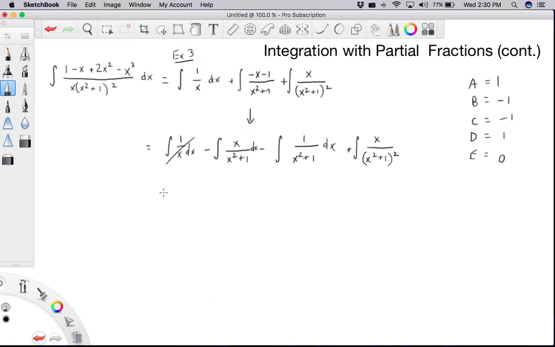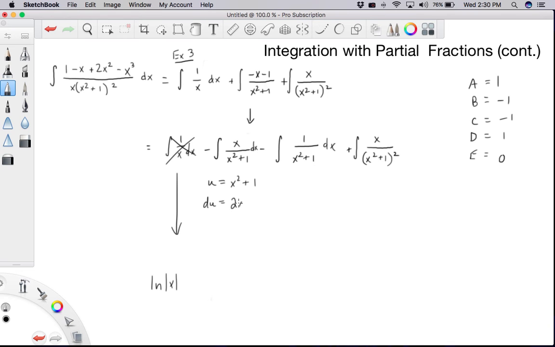Well, this first one's pretty easy. It just becomes ln absolute value x. The second one is a little harder. Maybe I should write this a little bit lower. Some of these will need some work. For the second one, we'll have to do a u substitution. We'll let u equal x squared plus 1.